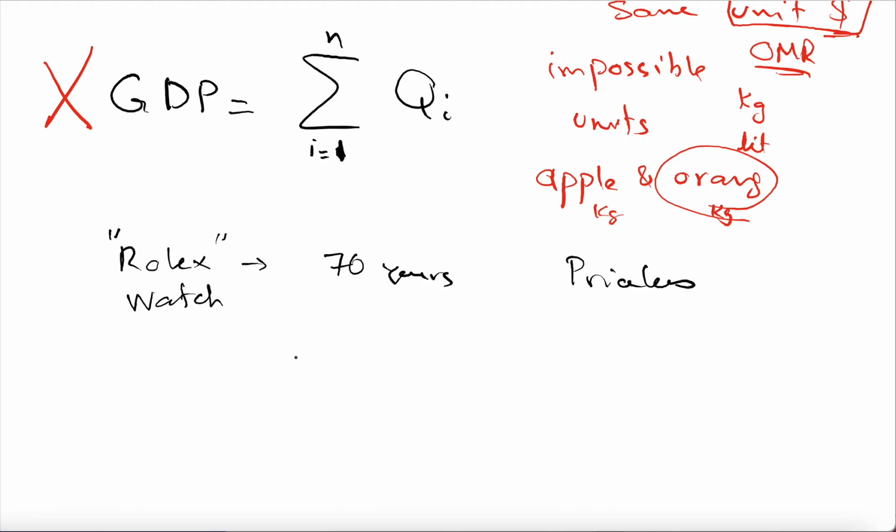It should not be the willingness to pay or willingness to receive of the buyers and sellers, because we have so many people with different valuation systems. Maybe this Rolex watch, even if you give it for free, your friend doesn't like it, because he has no willingness to get it.